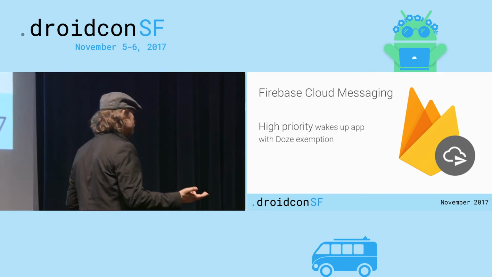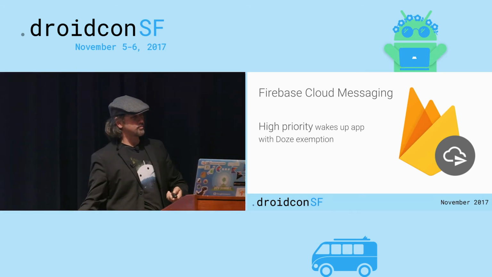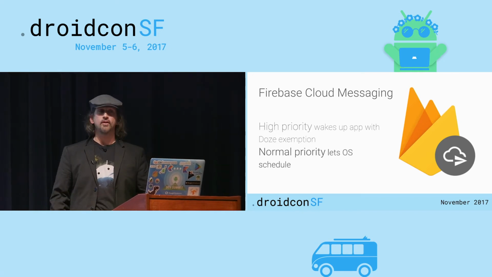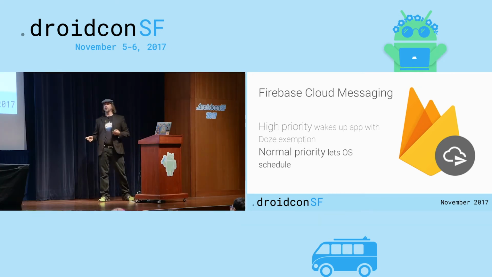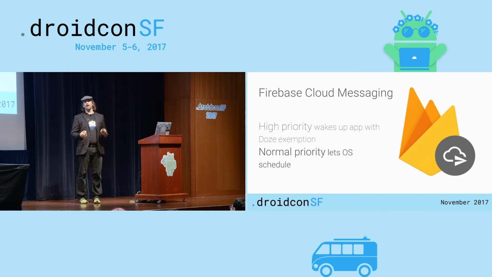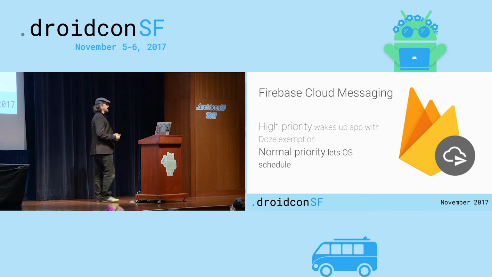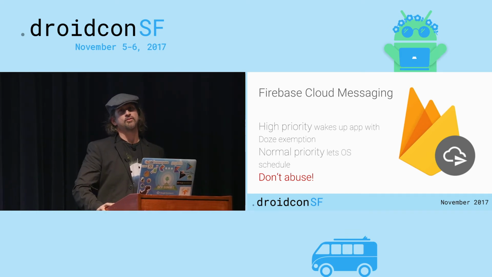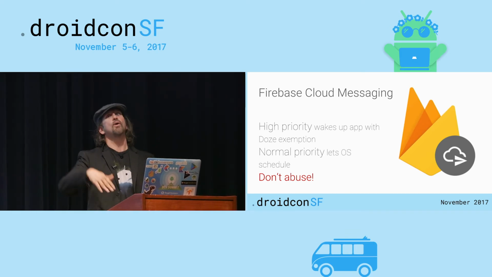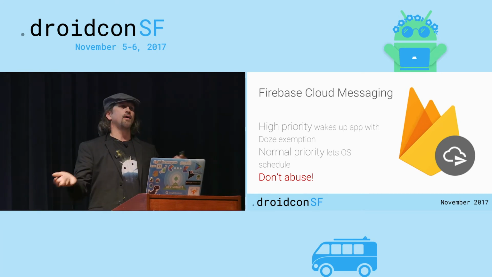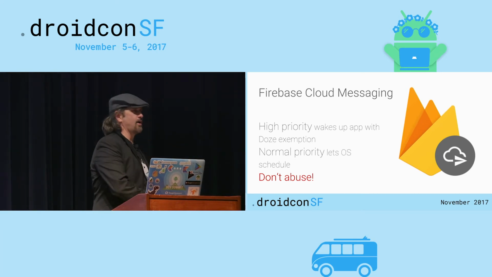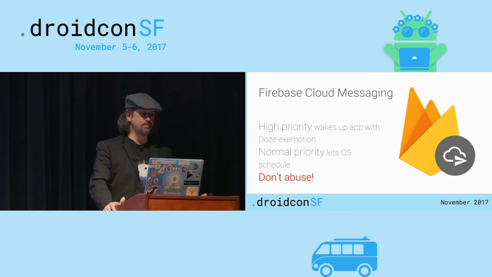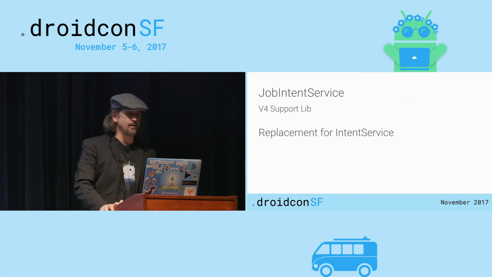So you can go free, your code can work exactly how it worked before, and that's cool. A normal priority message, like before, lets the OS schedule. You cannot launch a background service from a normal priority message. And don't abuse this. Don't make all of your messages high priority all of a sudden, because that wakes the device up from Doze, and that means the battery's going to run out faster when it's idling, and that's really bad all around because people are going to be mad about their devices not having battery.